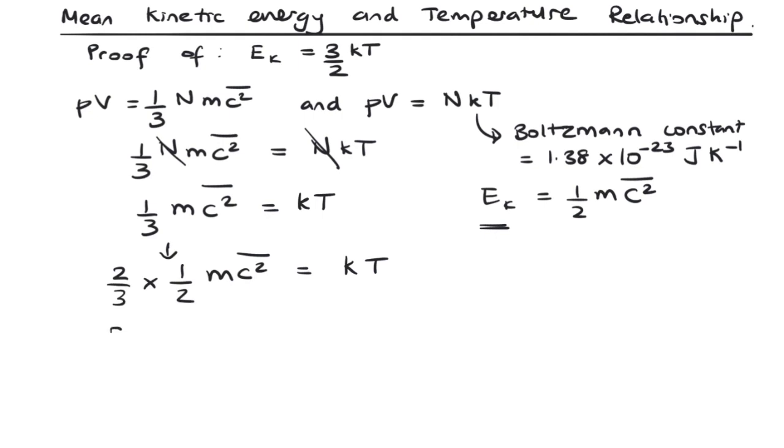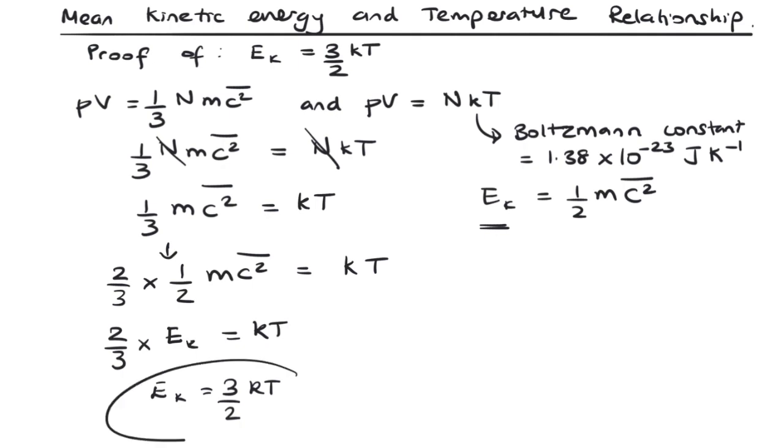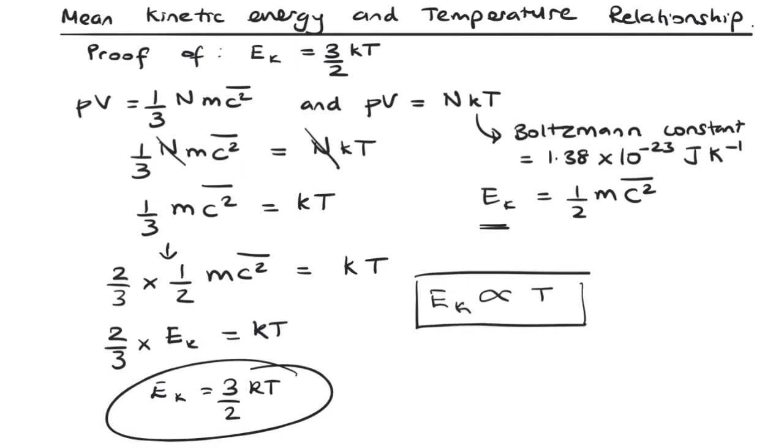So 2/3 times Ek is equal to kT, which means that Ek is equal to 3/2 kT. In other words, I've got my expression that I was trying to prove, and that also refers to the fact that Ek is directly proportional to the temperature, because k is a constant and obviously 1.5 is a fixed number as well. So this is your relationship between kinetic energy and the temperature of the gas particles in kelvins.